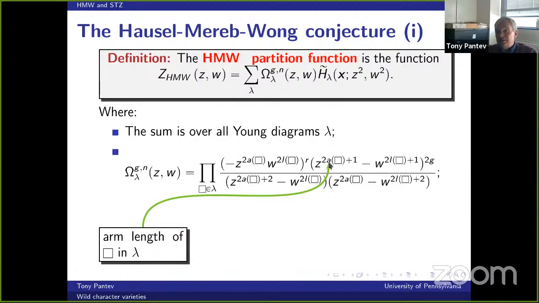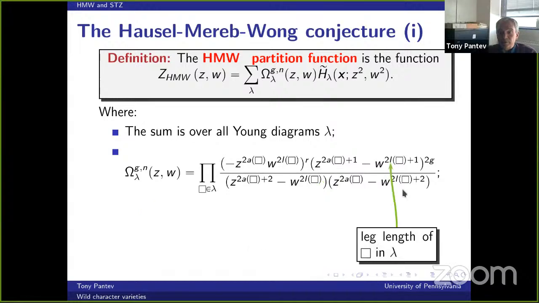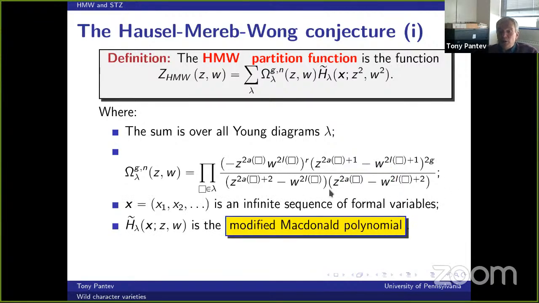And then there are some monomials or differences of monomials where the powers of those monomials correspond to the arm length of a box in a partition or to the leg length of a box in the partition. But in any case, it's some explicit polynomial that depends on the partition with terms which are labeled by the boxes in the partition, which is the representation of the group G.